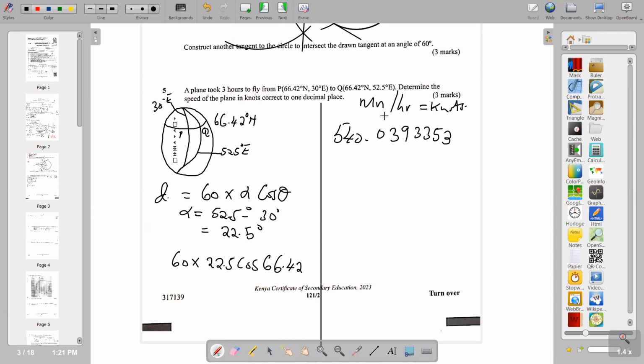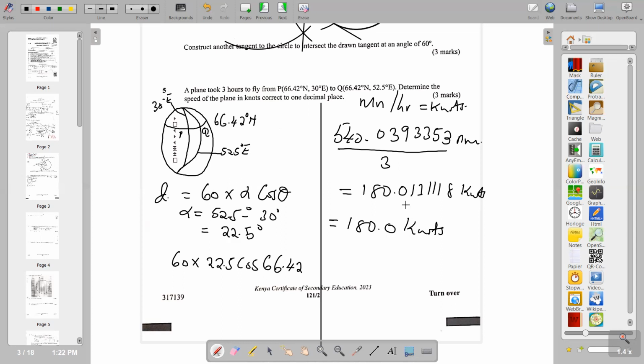This is the distance in nautical miles. Now for the speed, we divide this by 3. We're going to get 180.0131118 knots. But you're told to 1 decimal place, so that will be 180.0 knots. So that is the answer.